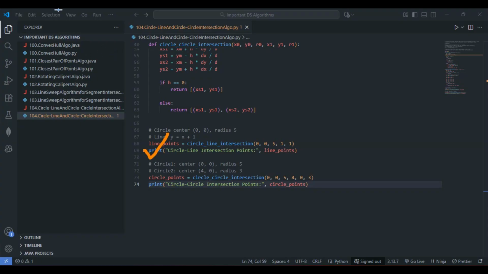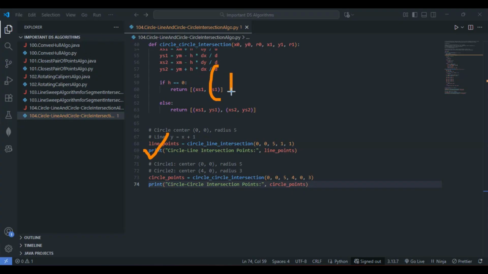The output that we need to get is the circle line intersection points 1.82, 2.82 and minus 2.82, minus 1.82, right?